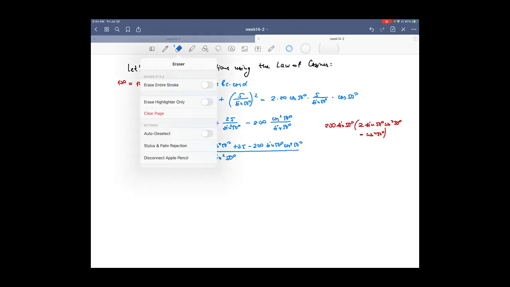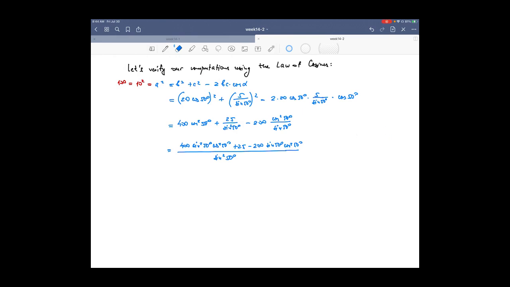Maybe I should even factor out both: 200 sine 50 degrees cosine squared 50 degrees. In parentheses, I will get 2 sine 50 degrees minus 1. Yeah, not exactly clear how to simplify this.